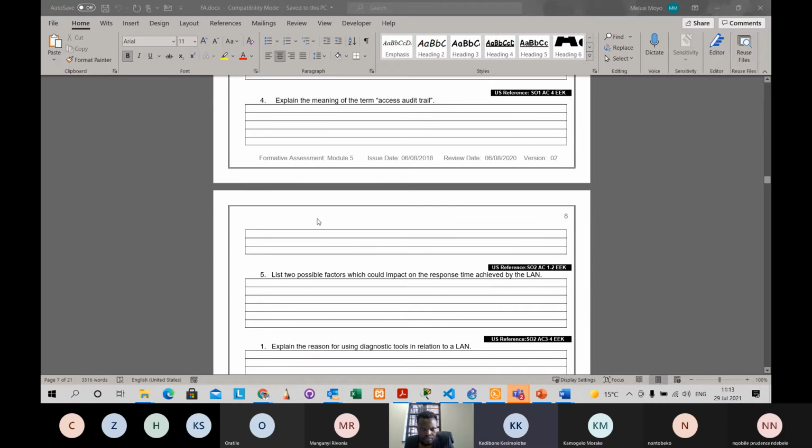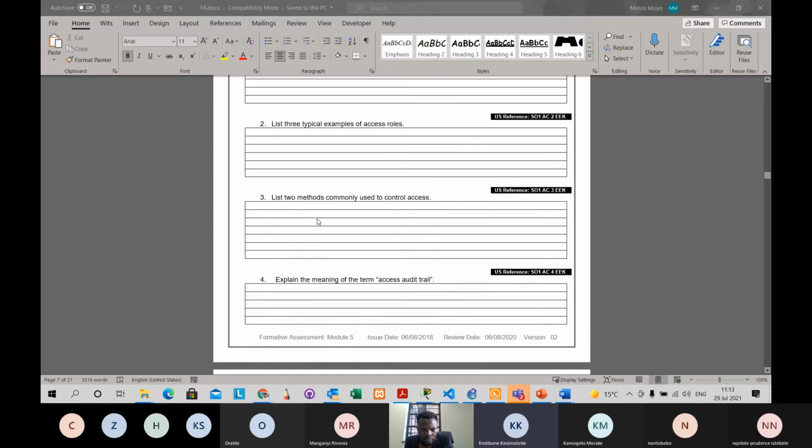Melissa, basically you're saying that the answers we just spoke about on number 2 we can use in answer number 3? Because role-based access control and mandatory are the methods. Okay, so I would prefer them to be on number 3.